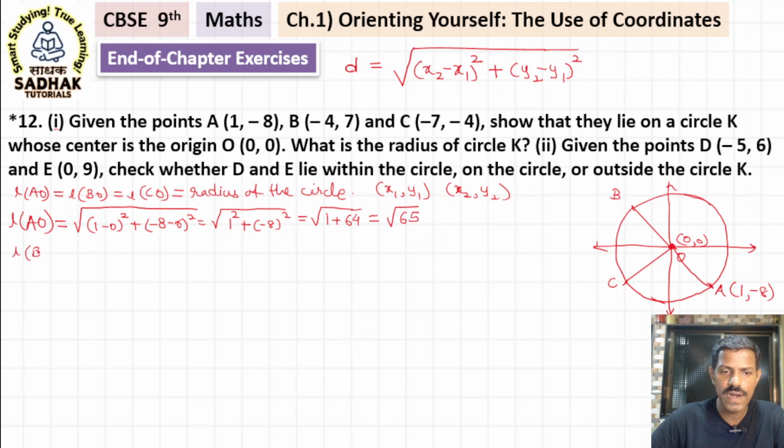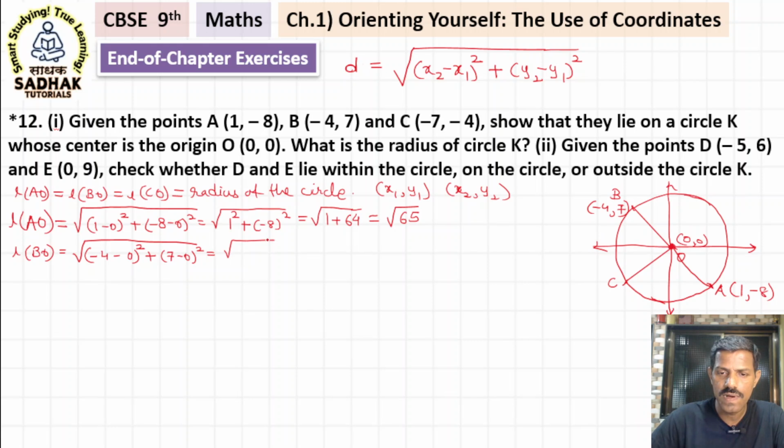Similarly, let us quickly find the length of BO. For that, again we will have to use the distance formula. Now we will consider the coordinates of B, that is -4, 7 as x1, y1, and this is x2, y2. So again we can do that: (-4 minus 0) the whole square plus (7 minus 0) the whole square.